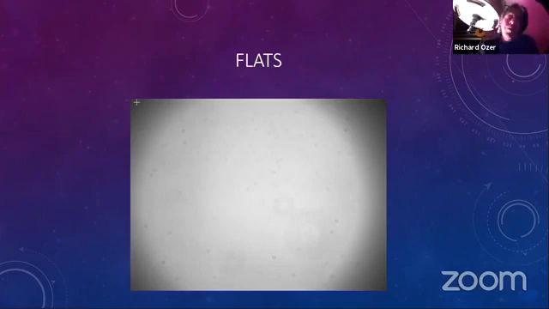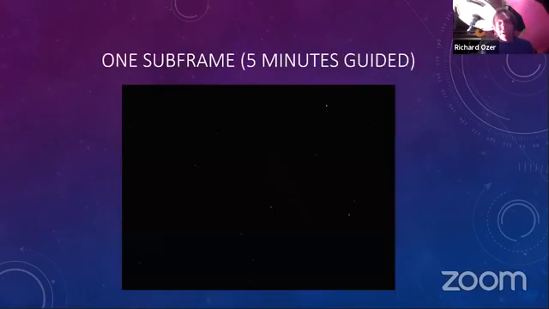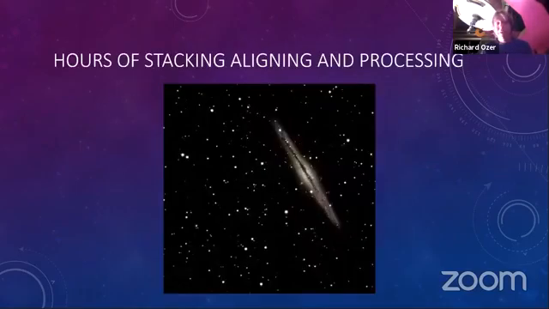And we do that by what's called dividing the flat out of the data images. So when we're done stacking, aligning, and processing the image, you get something like this. So a bunch of these end up becoming something like that. And that's pretty decent.